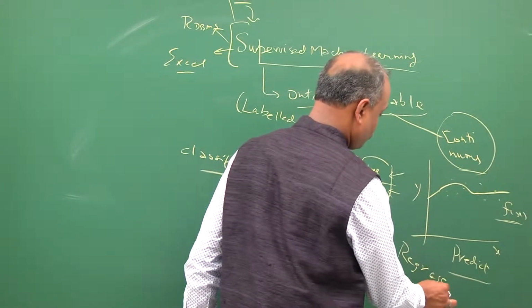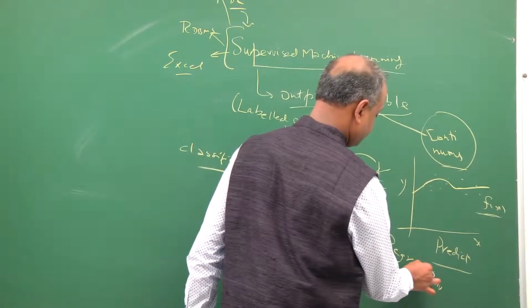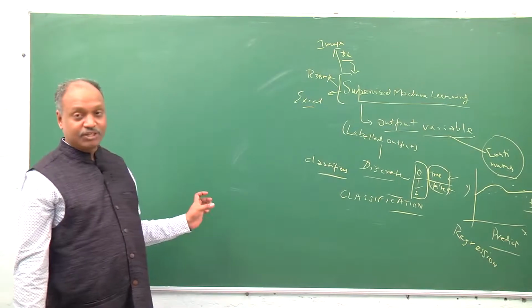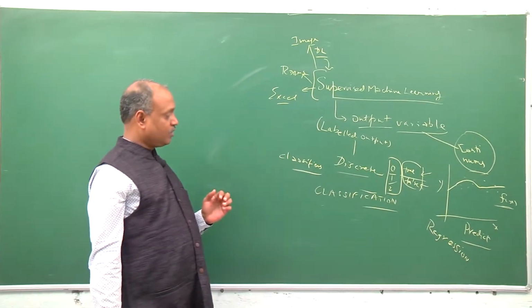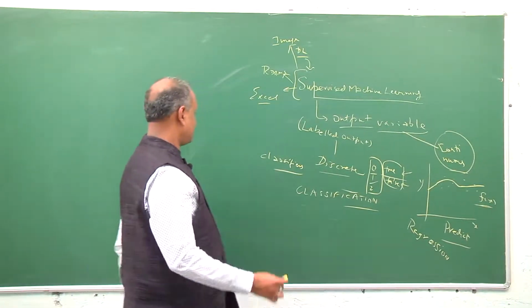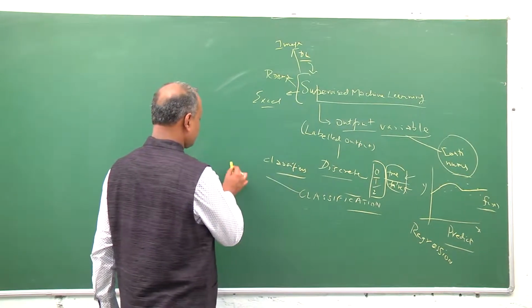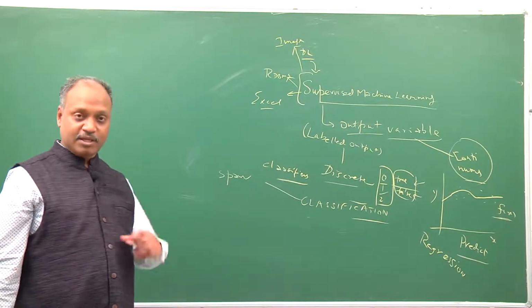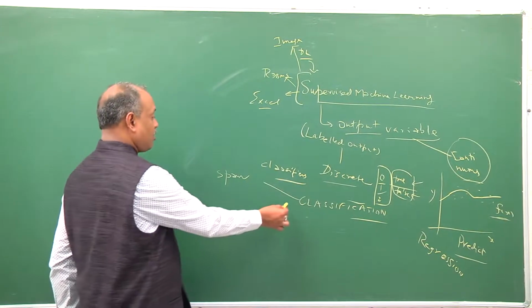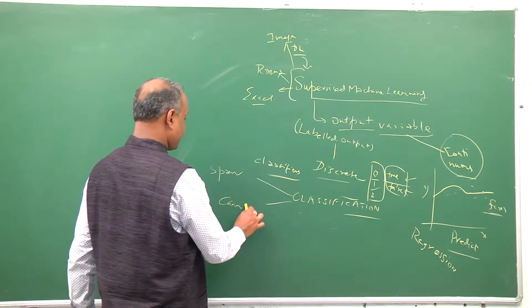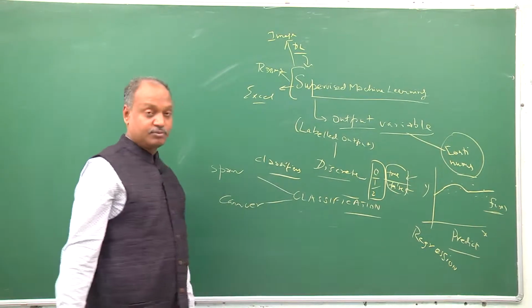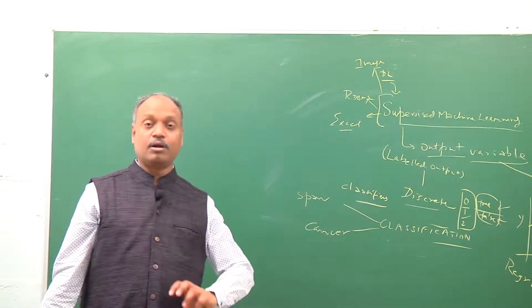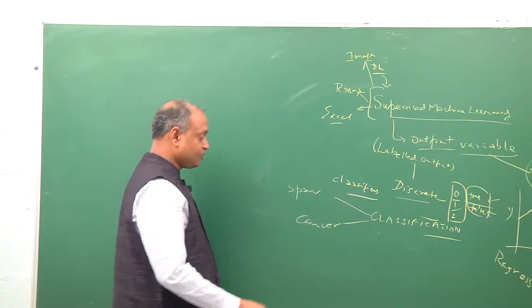So the two phases of supervised learning, very popular in machine learning, are classification and regression. Let's look at some use cases of classification. Some of the popular use cases are, for example, spam classification of emails into spam and non-spam, or some kind of cancer tumor classification: is it malignant, or is there no tumor, or some kind of benign tumor.